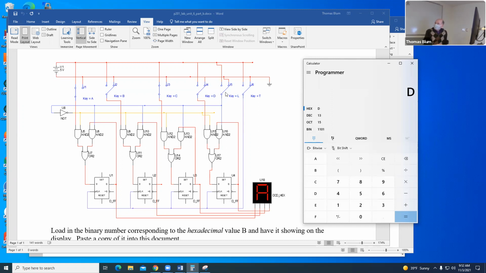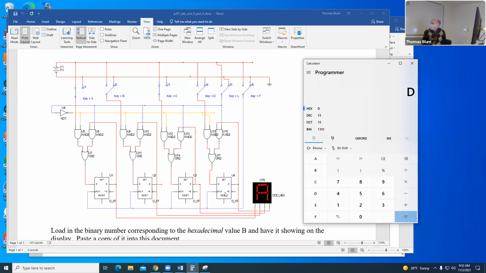So if I want to load this parallel loading register, I figure out what I want to load: A, B, C, D, A is the 8th place, B the 4, C the 2, D the 1. I put my L on low, and then down here, these flip-flops, and we can tell this by this little notch or greater-than looking sign, labeled as a clock.